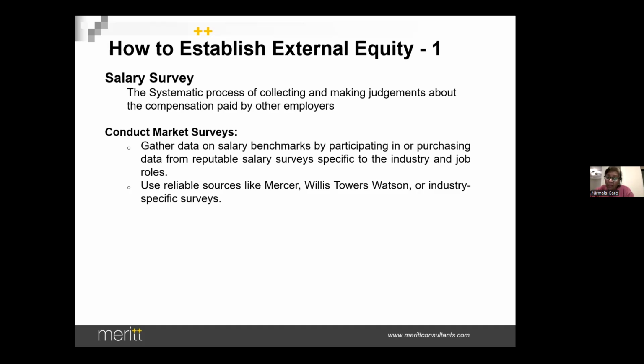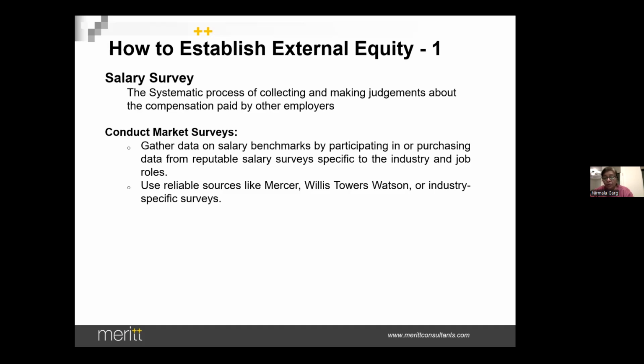So when I talk about market survey, first and foremost, I need not do a survey myself. I can also get market data from published surveys; that is, I can pay money and get data. I would recommend, if you are doing a dipstick study, you can use the free sources.